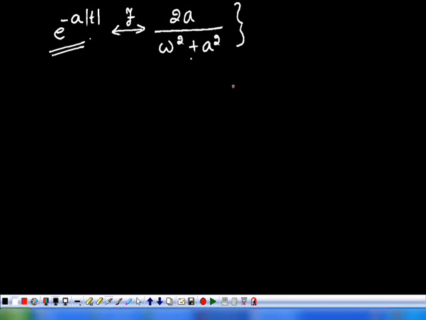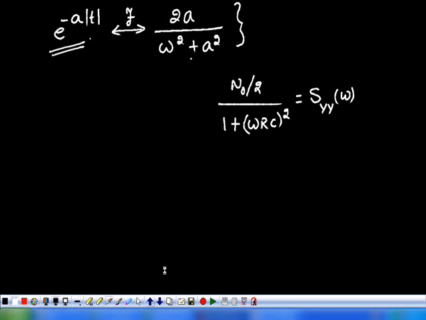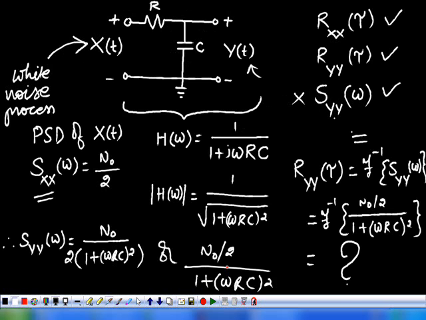So we already know that N naught divided by 2 times 1 plus omega RC whole square. What is this? SYY of omega. See the previous slide. What is SYY of omega? N naught by 2, 1 over 1 plus omega RC whole square.